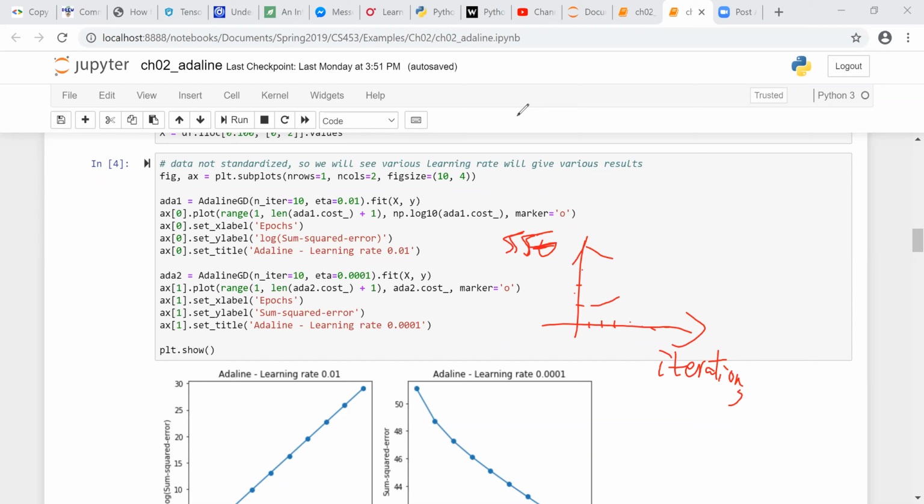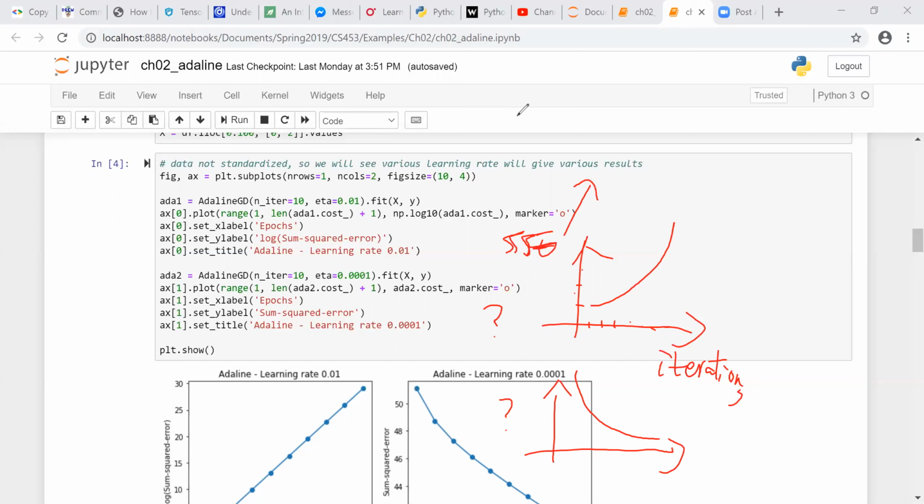So if our curve looks like this, or if the curve looks like this, which one is better? Anyone knows the answer? Which one is better? You think about the SSE, the sum of square error, is it?